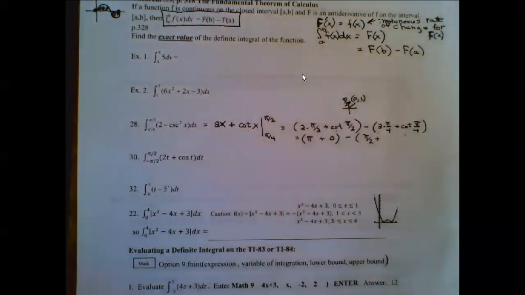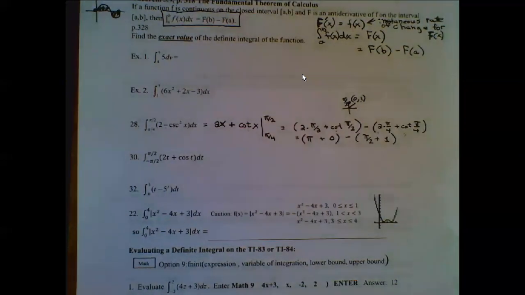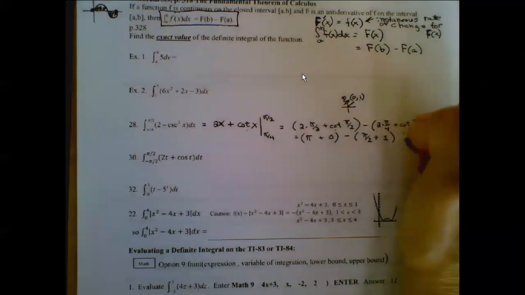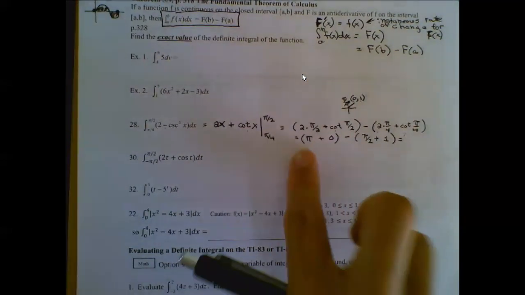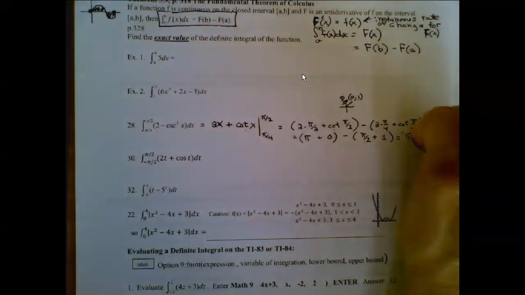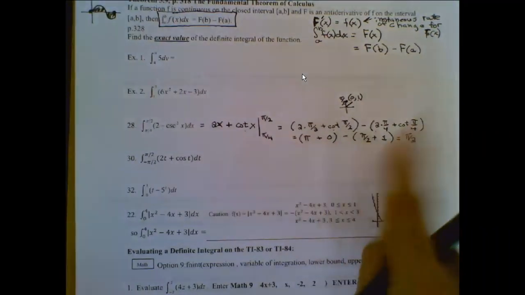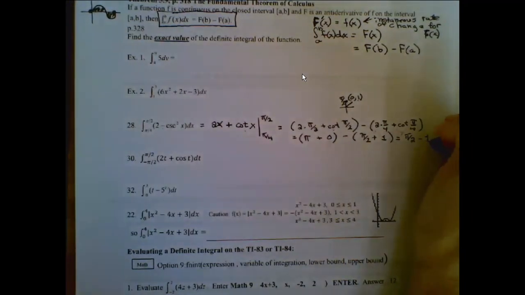So that divided by itself is 1. And cleaning that up as much as possible, I would have pi minus a half pi is a half pi. And 0 minus 1 is negative 1.